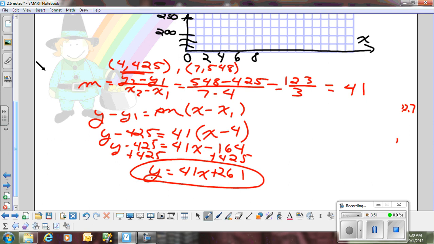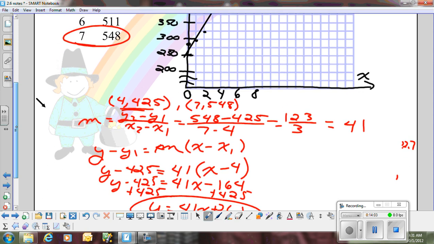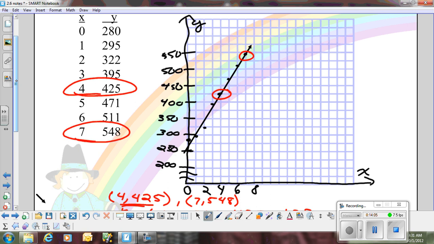Now again, is everybody going to get this exactly? Not when you're estimating. Okay, so you do them by hand. Now, I've had another question. Let's say I assume that my x values keep getting bigger and bigger. I want to estimate when x equals 20, what would my y be?